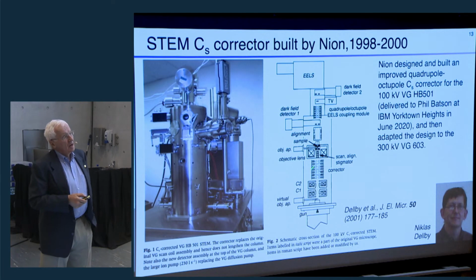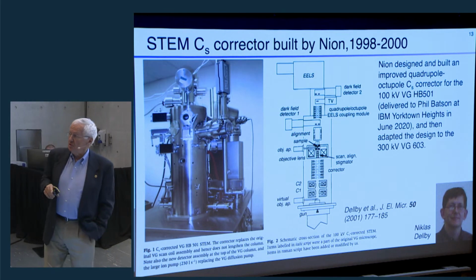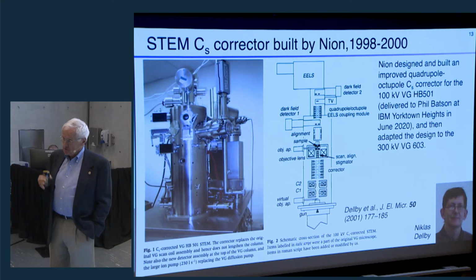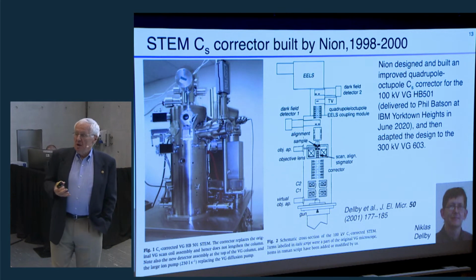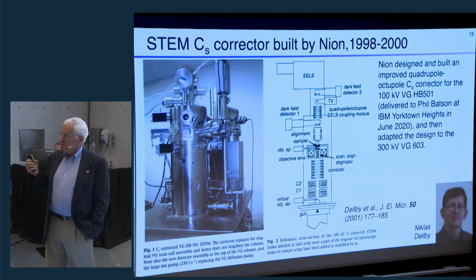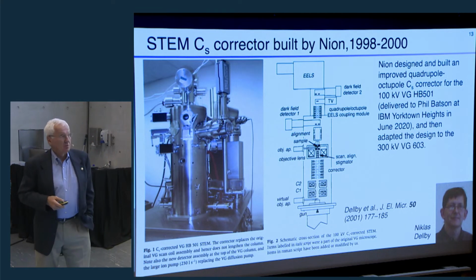This one had 7 stages. It separated the quadrupoles and the octopoles so that the magnetic fields would not influence each other. There's a problem with the saturation characteristics of the magnetic materials. If you have a combined quadrupole octopole, if you excite the octopole, the quadrupole properties change. The strength of the quadrupole changes.